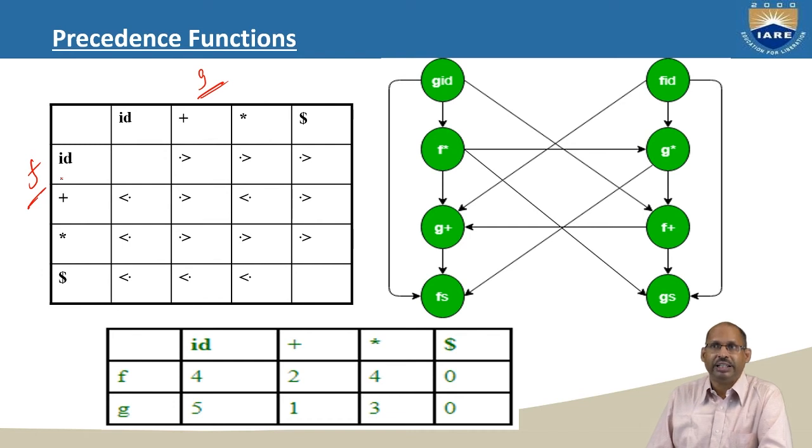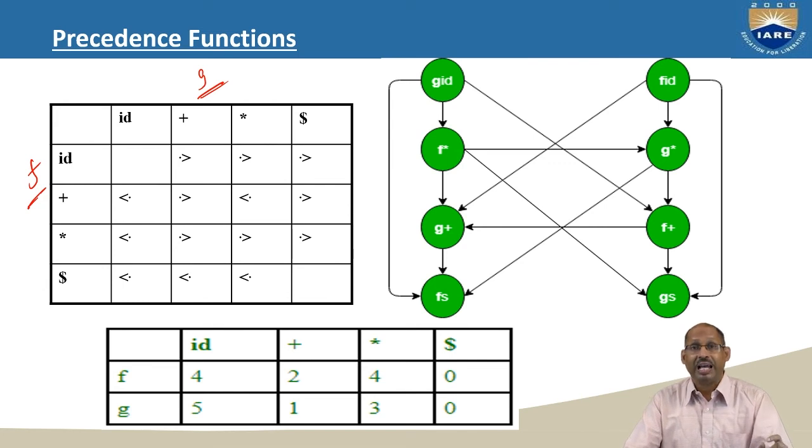We represent a simple graph where each node represents one operator, and we draw the arcs. We draw the arrows. This arrow will be drawn from higher precedence to lower precedence operator. Right? So we draw the arrows between all these nodes such that we'll find the largest path from that particular operator.